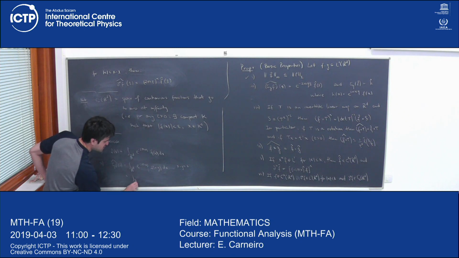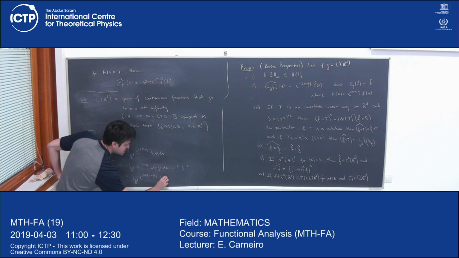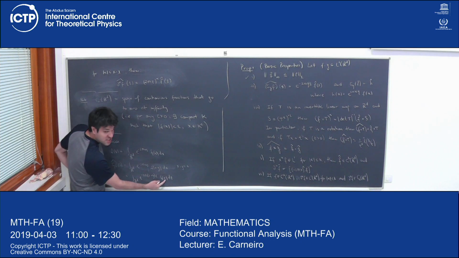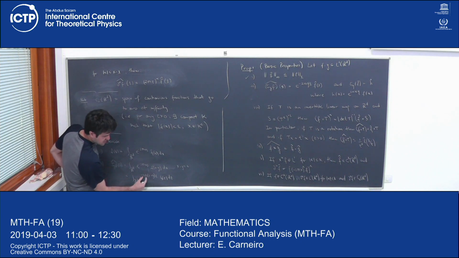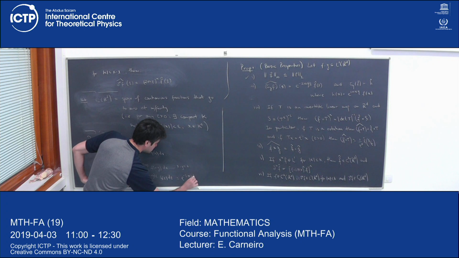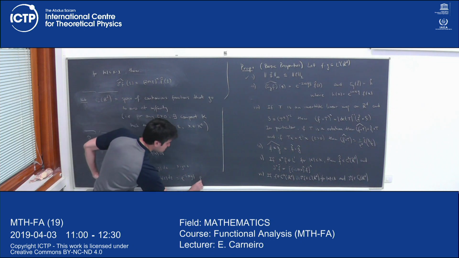So this integral keeps being on R^d, and then e^(-2 pi i x xi), where x became z plus y, times f(z) dz. Then, you're integrating in z, there is a constant factor that does not depend on z, which is e^(-2 pi i y xi). And then the rest is the integral of e^(-2 pi i z xi) f(z) dz, which is just f hat of xi.